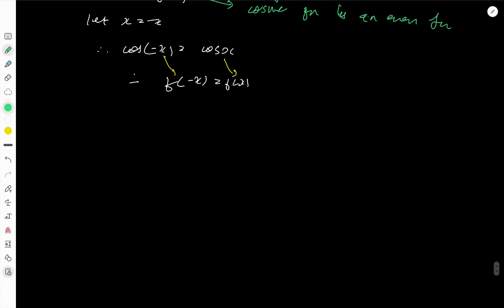Now the last type of function that we are going to discuss is the inverse function.